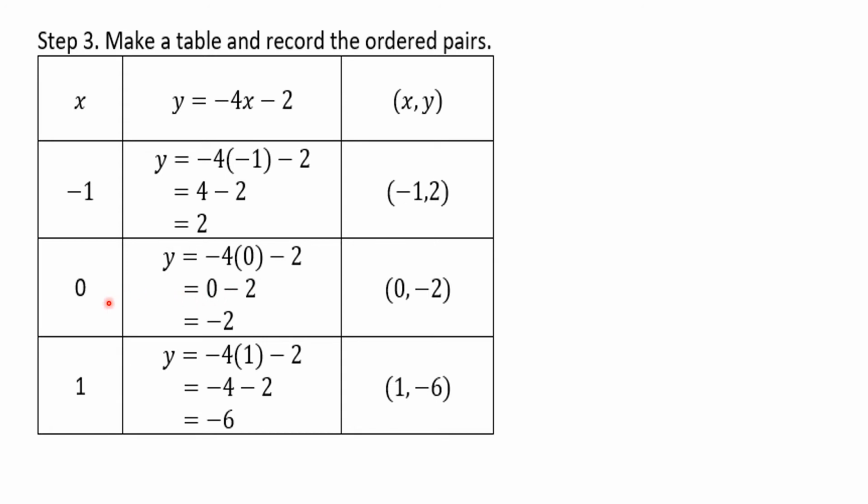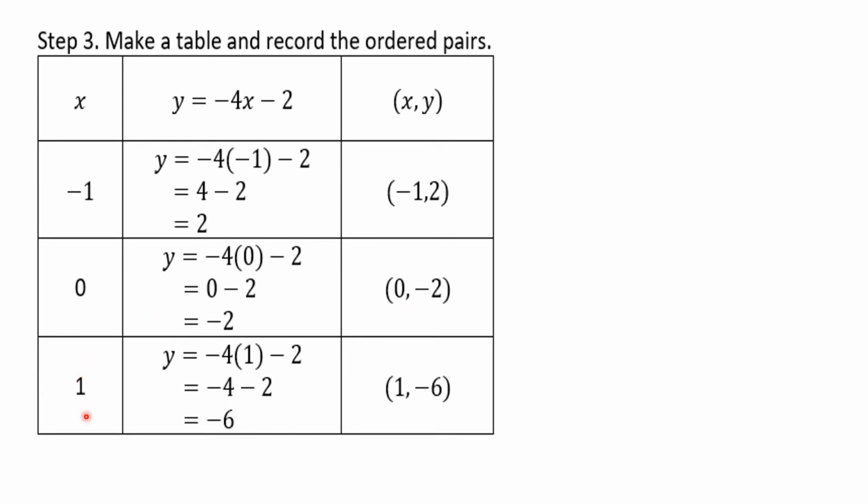Okay, next. Ang pinili ko naman na value ng x is 0. I-substitute si 0 sa ating variable x. So, this becomes y equals -4 times 0 minus 2. And simplifying, we have -2. So, if x is 0, therefore, si y is -2. Ang ating ordered pair is 0, -2.